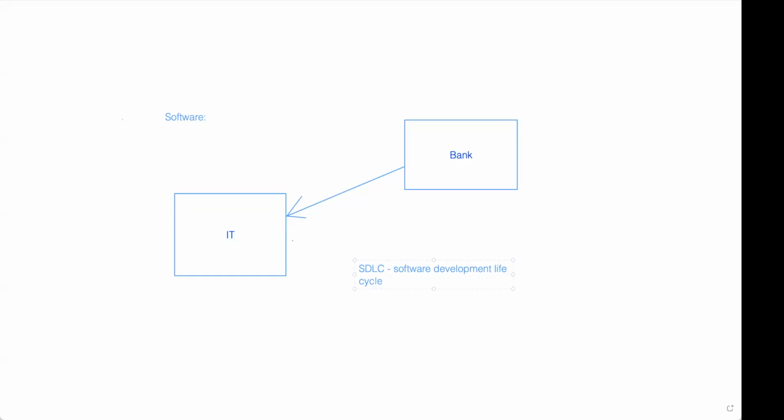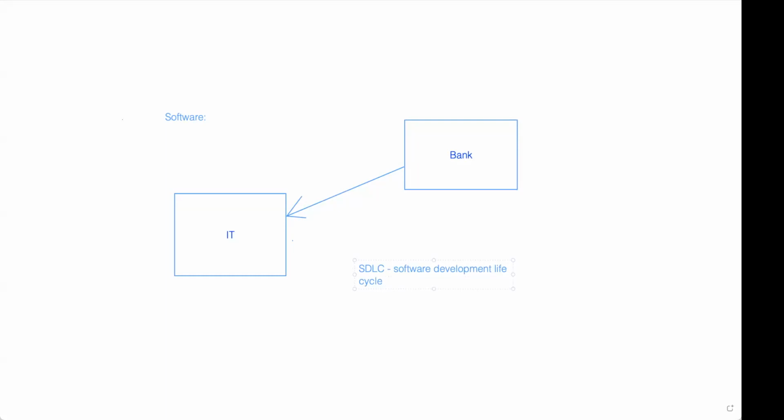Here also we will follow the SDLC process. The end-to-end process, from where it begins and where it ends, all the complete step-by-step process is called the SDLC process. What is the SDLC process? The complete end-to-end process, from the beginning to releasing to the customer, all the complete step-by-step process is called the SDLC process.